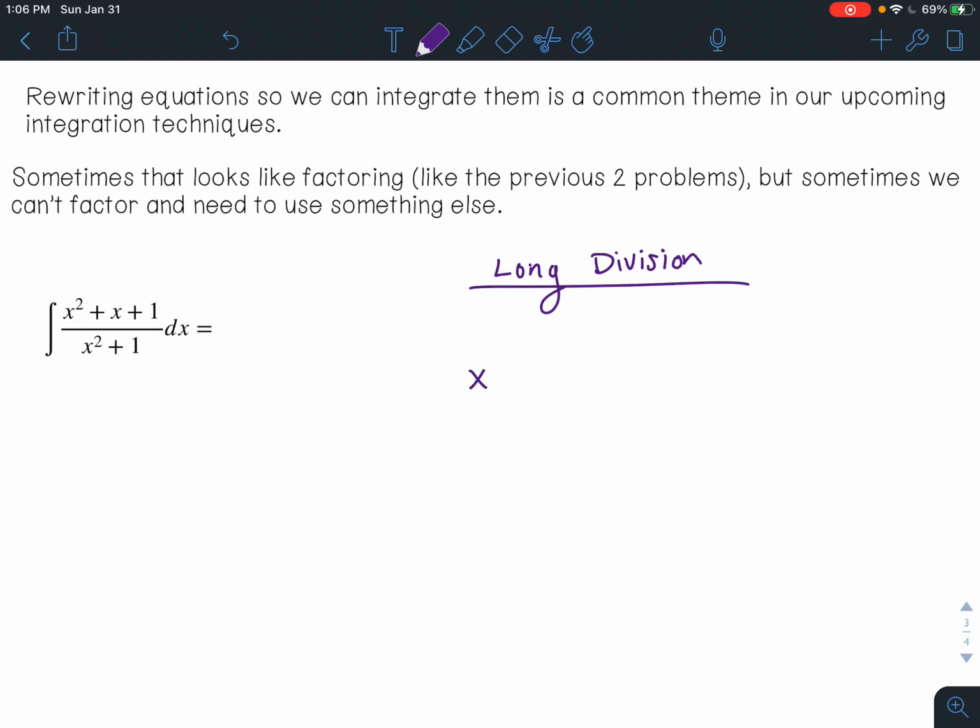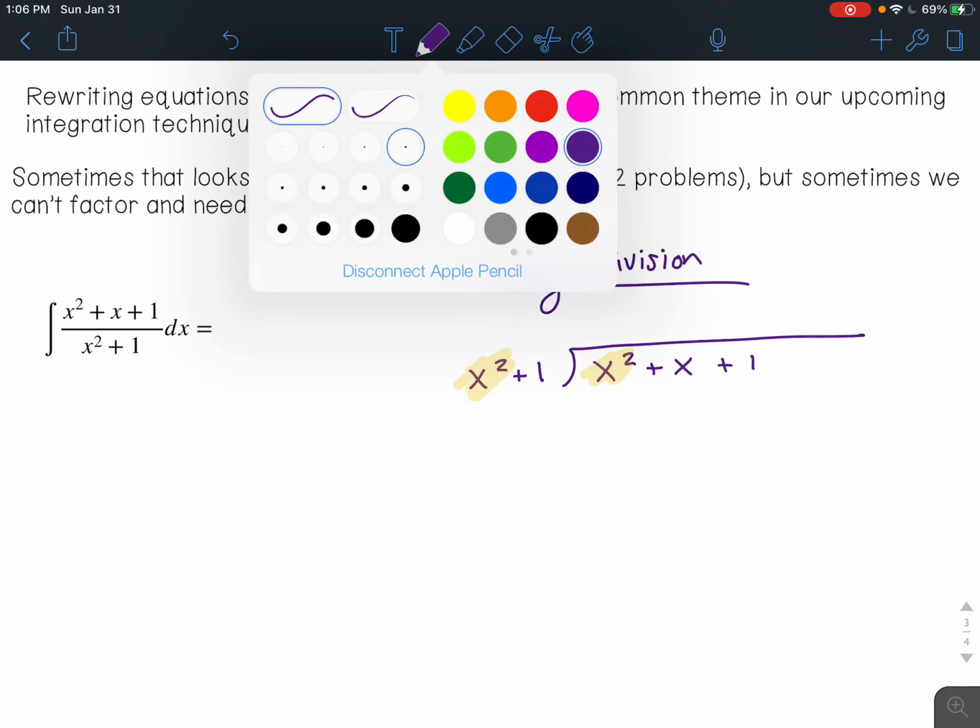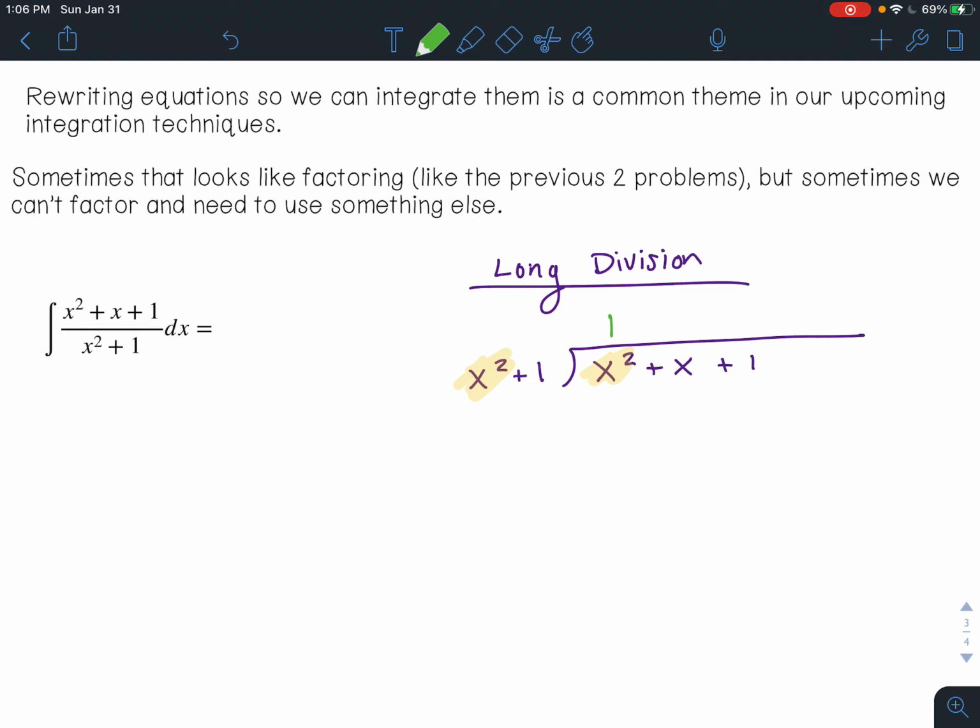I'm going to put x squared plus 1 as my divisor on the outside and x squared plus x plus 1 as my dividend inside. To get x squared to equal x squared, I would need to multiply by 1. I'm going to distribute that through, get x squared plus 1, and then subtract that whole quantity.